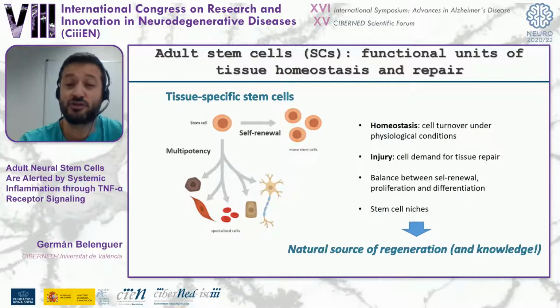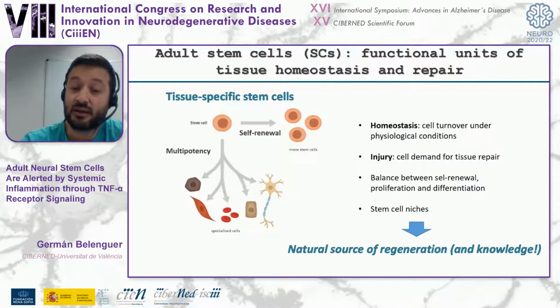And these functions require a fine-tuned balance between cell renewal, proliferation, and differentiation that is greatly regulated by what we call the stem cell niches and all the signals the surrounding provides. Therefore, these cells are not only the natural source of regeneration, but also a great opportunity for us to understand how to produce new cells.